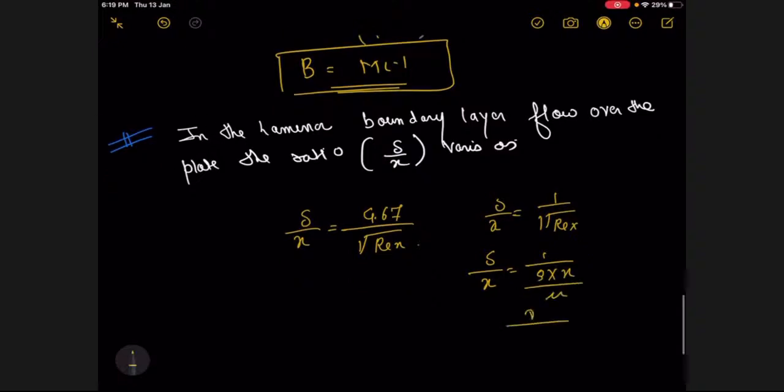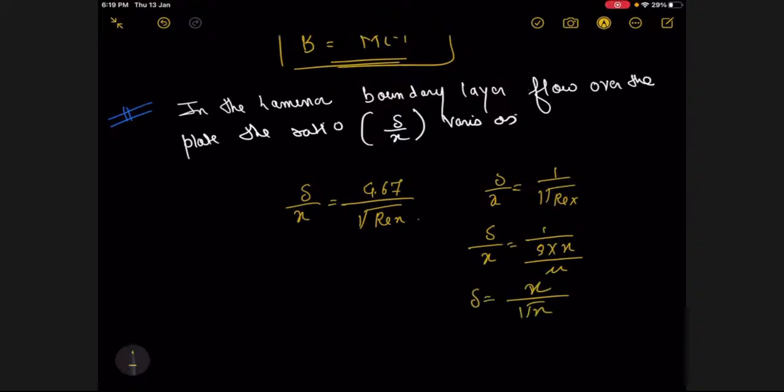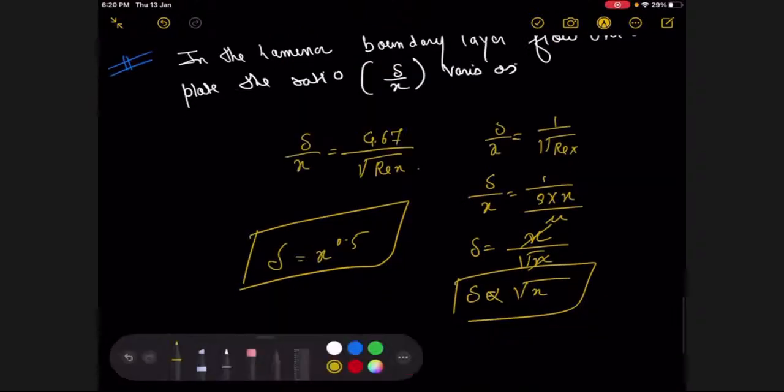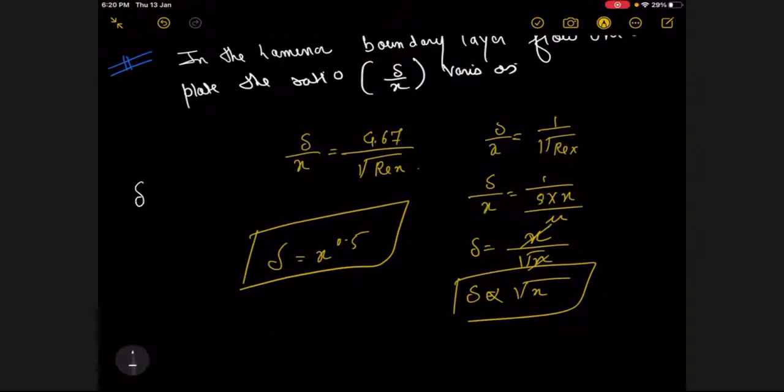So here it is 1 upon under root of x, upon x. If you cancel this, what will be there? Del is directly proportional to under root of x. So here you can say it is x to the power 0.5. GATE has asked this question so many times. Once they have asked from the turbulent flow also. So remember, for turbulent flow it is directly proportional to x to the power 0.8.